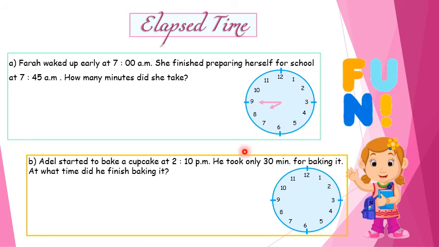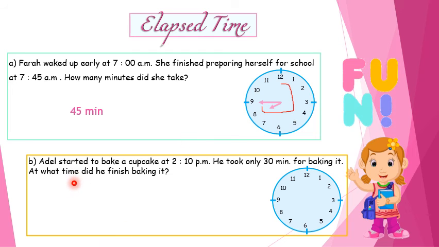So the clock moved, the long arm moved all the way from here to here. I want to know how many minutes she took. So I will count how many minutes we have all the way from here to here: 5, 10, 15, 20, 25, 30, 35, 40, 45. So all the way from here to here is 45 minutes.